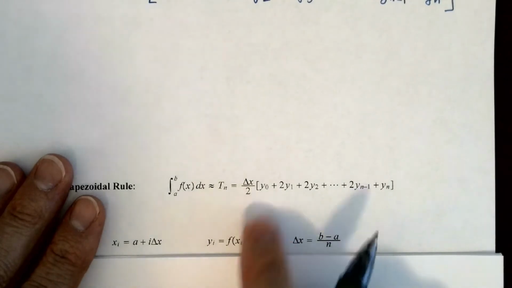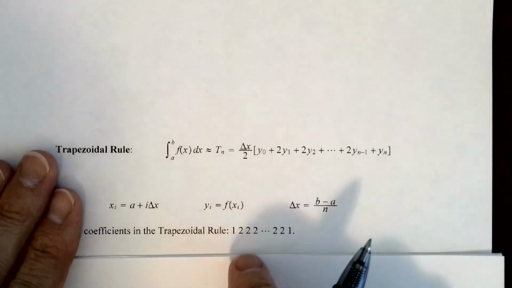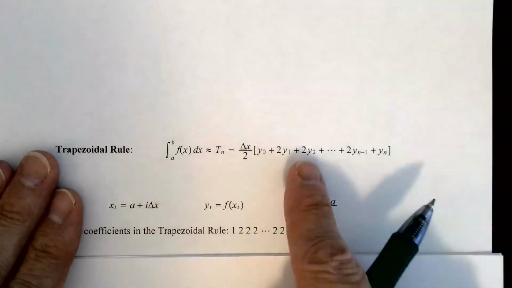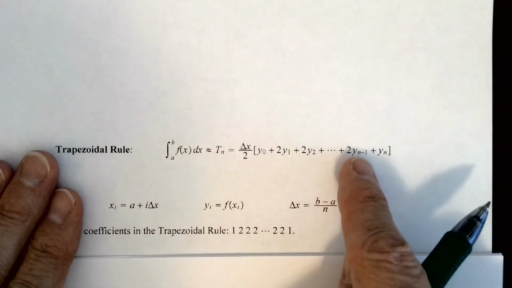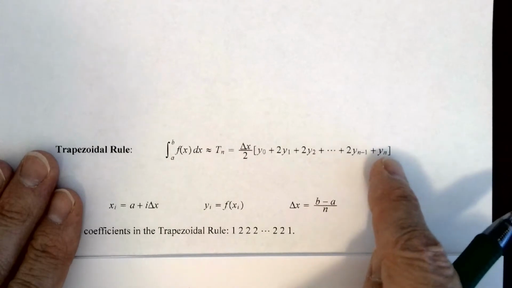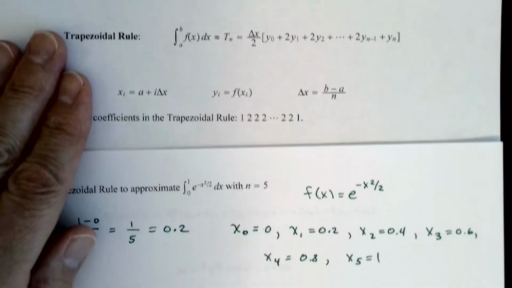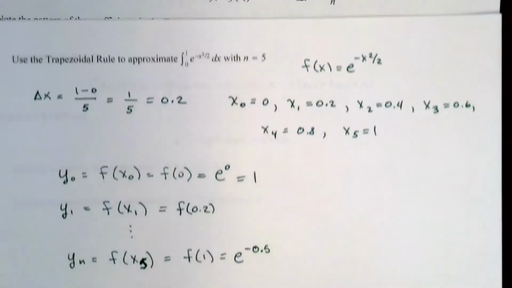And then notice again, we talked about the coefficient pattern that's developed with the trapezoid rule. So it's y sub 0 plus 2y sub 1 plus 2y sub 2 plus 2y sub n minus 1, and then 1y sub n. So the first and the last have a coefficient of 1.